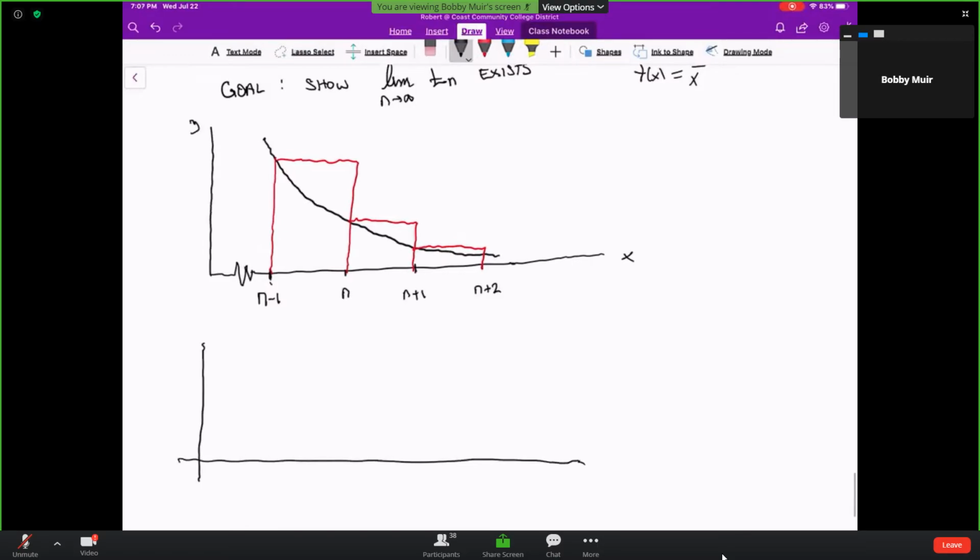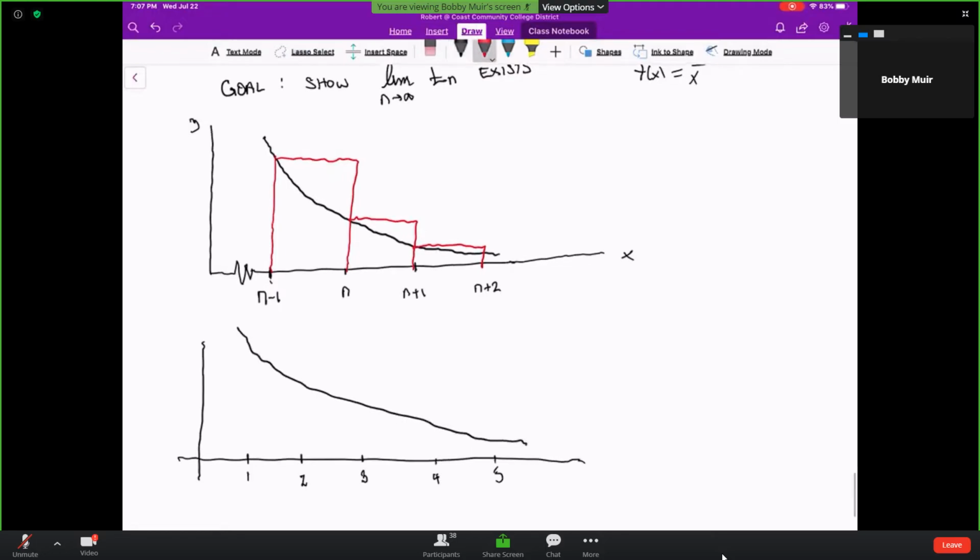Here's the 1, here's the 2, the 3, the 4, the 5, and so on. The function is coming down like this, and we draw the rectangles above.